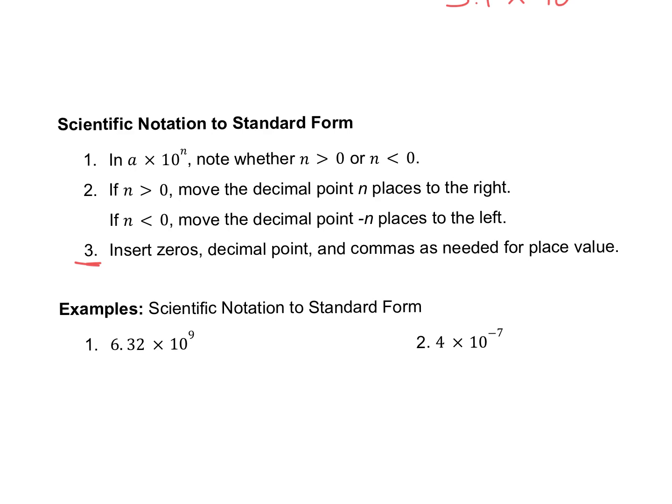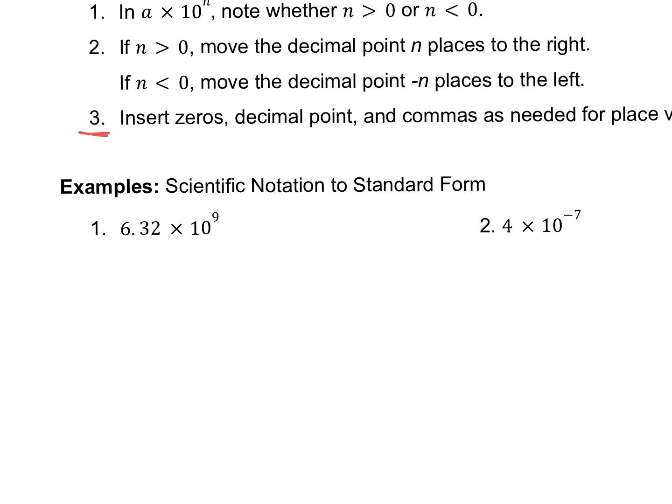Okay, so looking at number 1, we have 6.32 times 10 to the 9th. Is our exponent positive or negative? Positive, so which direction do I need to move? To the right. Yep. 1, 2, 3, 4, 5, 6, 7, 8, 9. Now my decimal's over here.